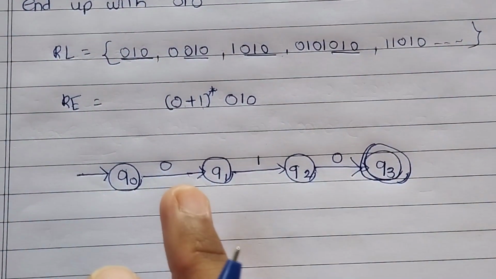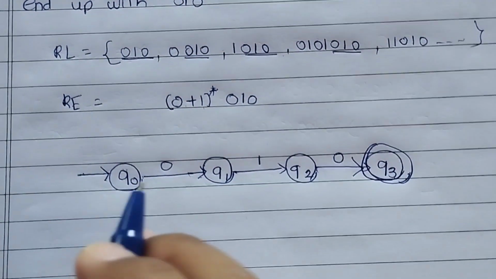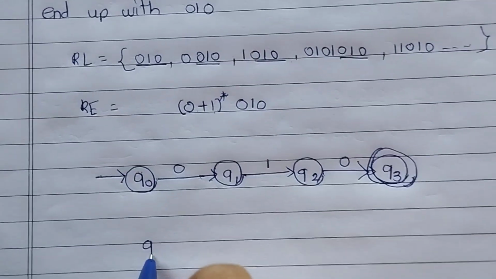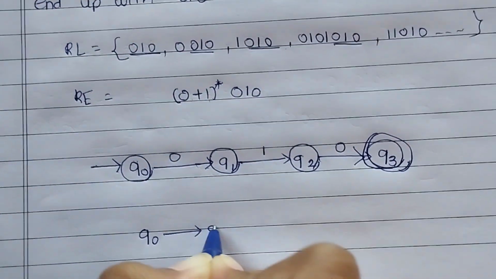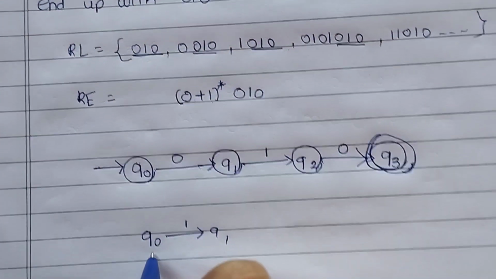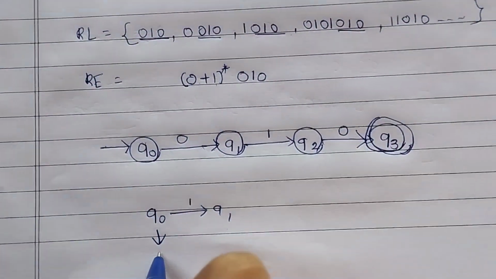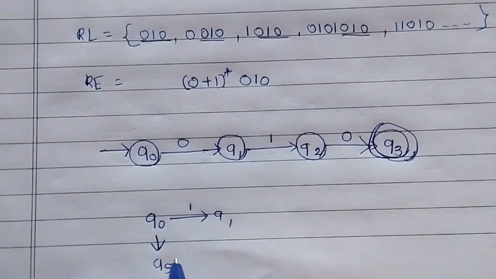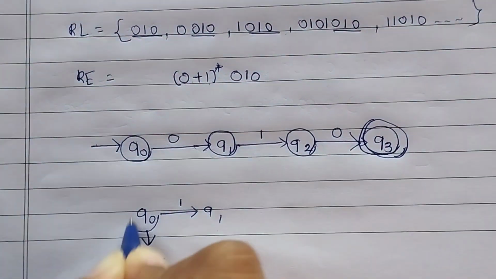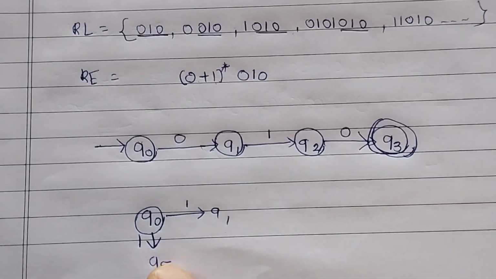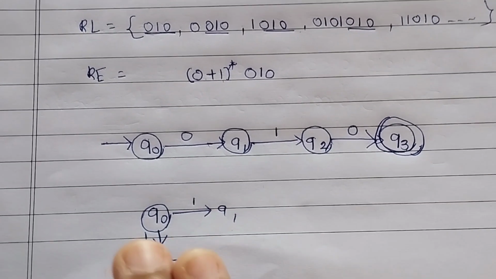Q0 gives 0 and 1 compulsorily, but if Q0 gives 0 to Q1 and again gives 0 to another state, suppose Q5, so that the state gives two transitions for the same symbol at a time, then it is not a DFA, it is an NFA.